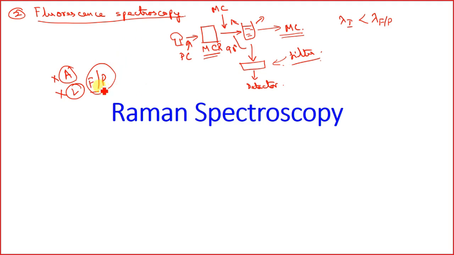Okay, so combining these two, I am terming it as luminescence. So Raman spectroscopy does not follow the absorption. We do not measure the absorption. We do not measure the luminescence. That means we do not measure the fluorescence or the phosphorescence, where the sample is emitting light due to some reaction. If it is due to some chemical reaction, then it is called chemical luminescence. Okay, so we do not measure those.